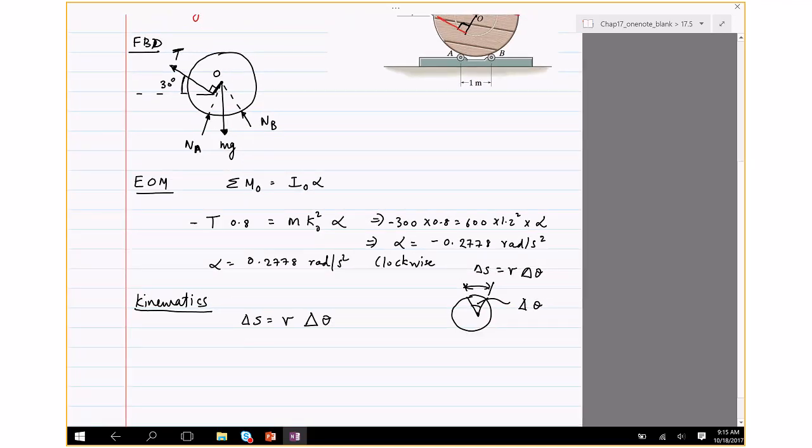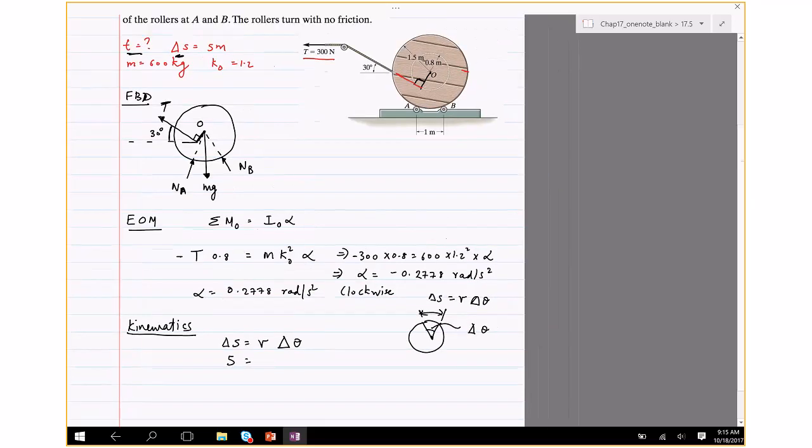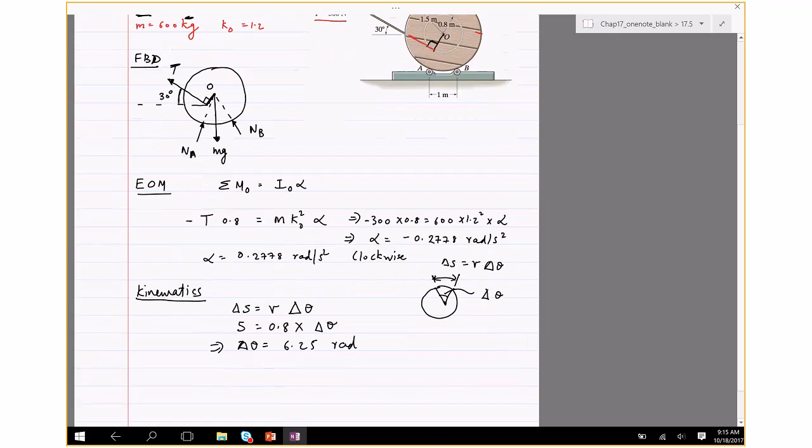Again, I'm doing this because I know the angular acceleration, and I don't know the linear acceleration. So delta s is 5, r is the inner spool radius, 0.8, times delta theta, which is the unknown. So delta theta is 6.25 radians.